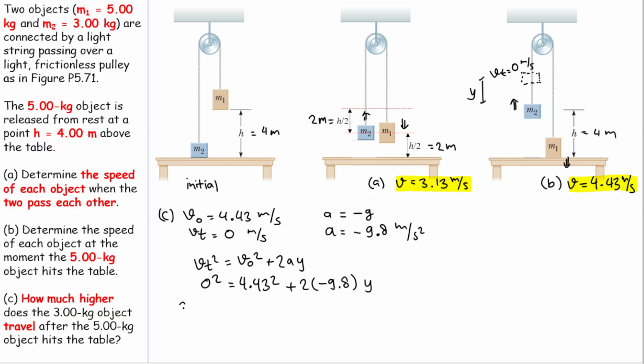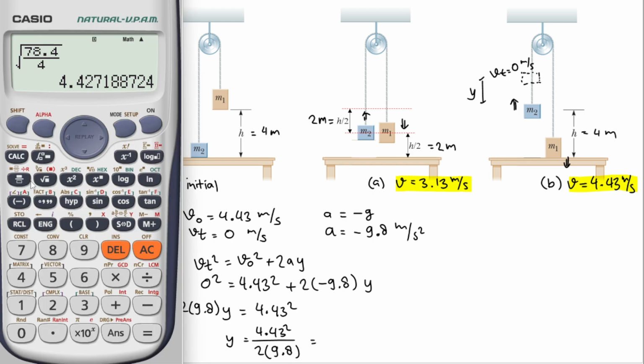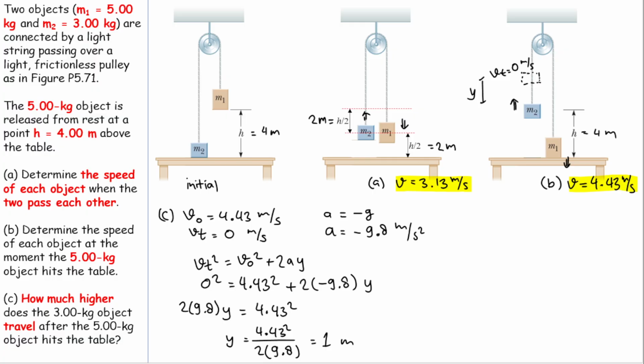So we'll have 2 multiplied by 9.8y is equal to 4.43 squared, and so y is equal to 4.43 squared divided by 2 multiplied by 9.8, right? And that will be 1 meter. And I think that is all the answer. So the answer for question C is 1 meter.